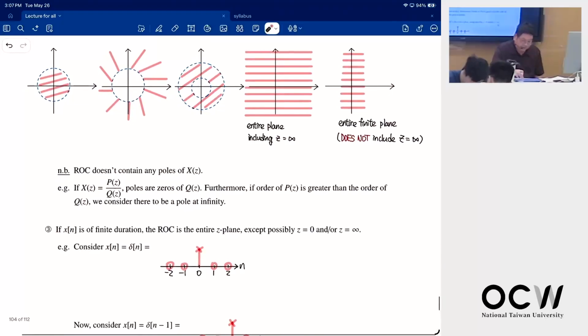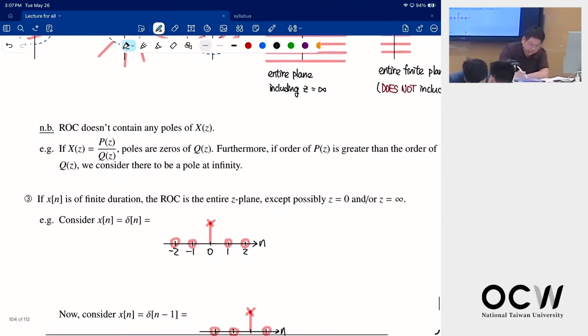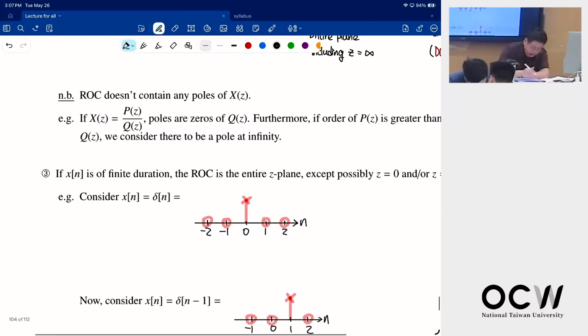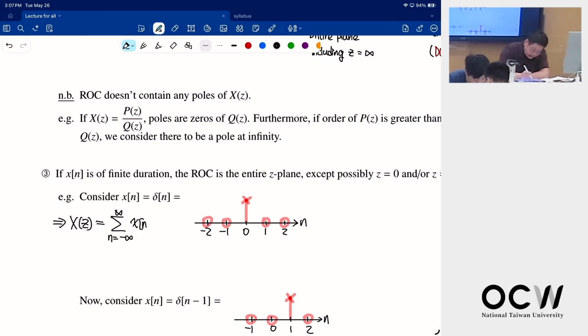For example, if I have a delta function like this, what is the z transform? We have the z transform here, n from minus infinity to infinity, x[n] z to the minus n. So we have the delta function times z to the minus n.